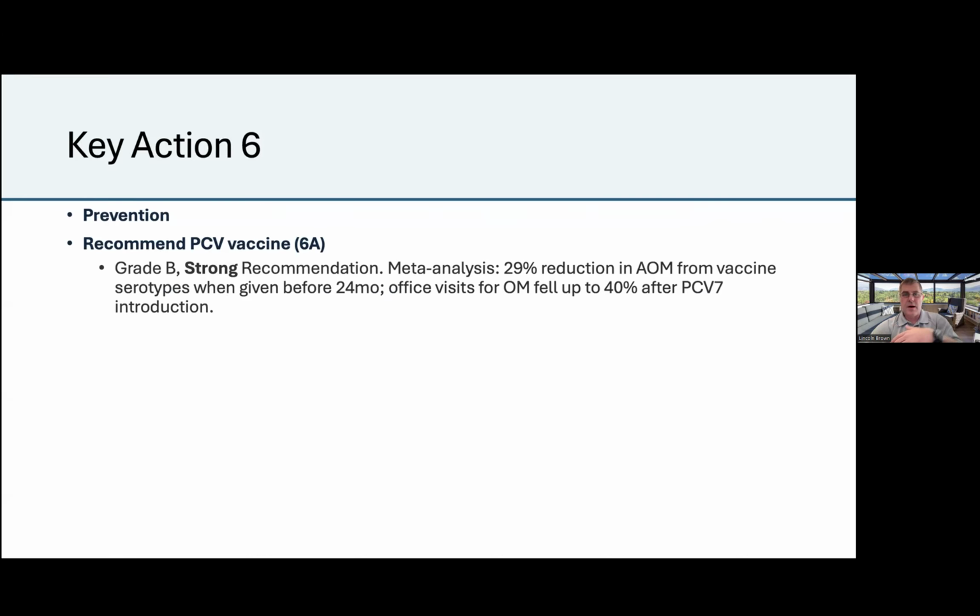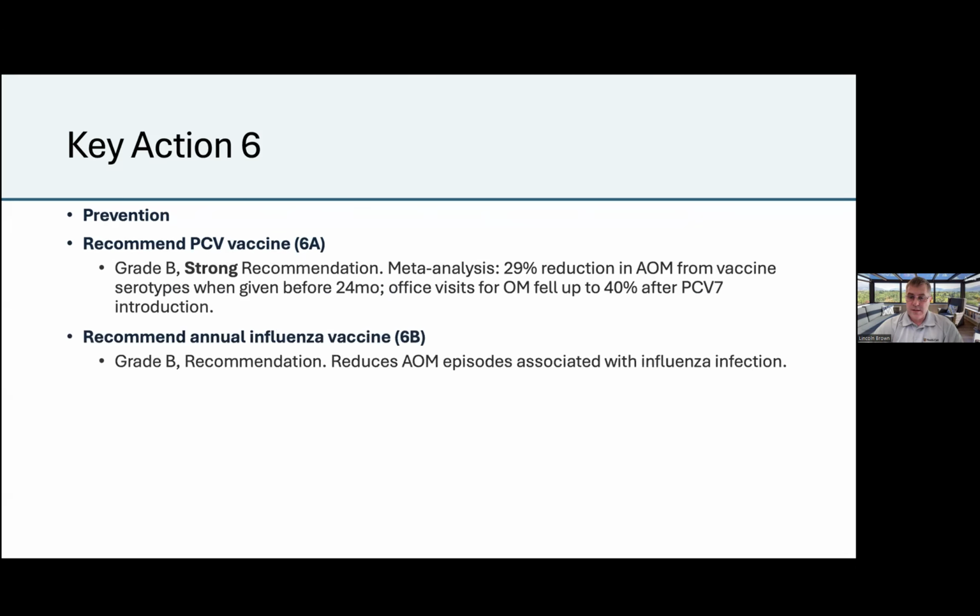Those did rebound back to the non-typable. We'll see what happens going forward. They also recommended a flu vaccine. The rationale is that a large number of acute otitis media follow viral upper respiratory infections, including the flu. So give them a flu vaccine.